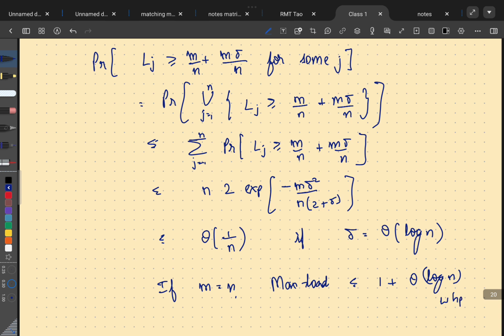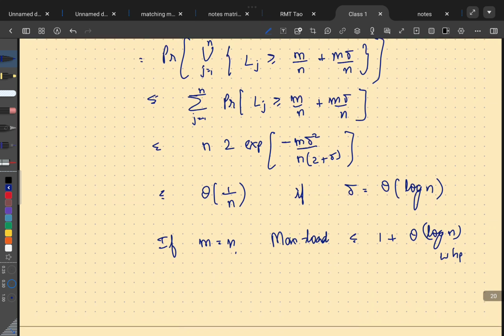When I say with high probability, the probability that this does not happen decays at least as 1 over n. So there are n jobs, and the max additional load that a particular server has to take is just something that scales as log n, which is not so bad.